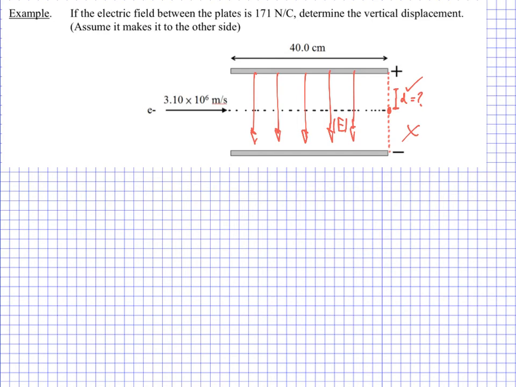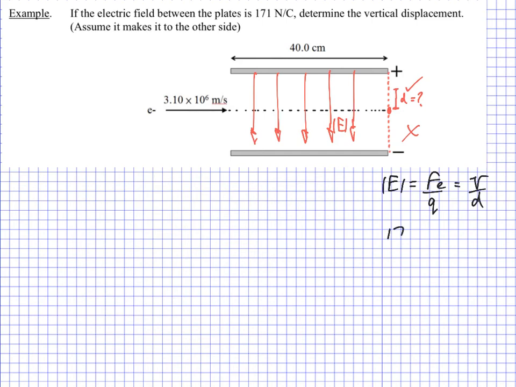First of all, the only thing we're told is the electric field. So let's think about that over here. We know that we can talk about electric fields as forces over charges or voltage over distance. So I'm not sure I know just yet which one I need to do, but I know the value.